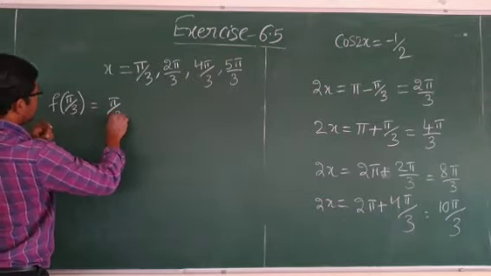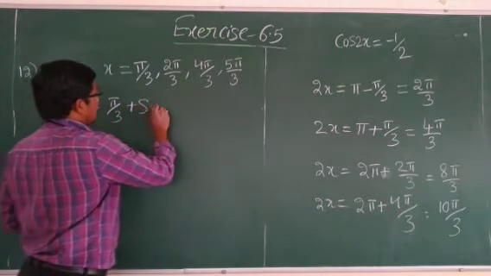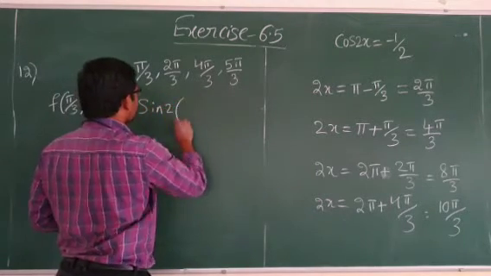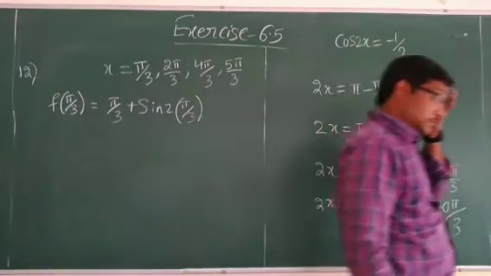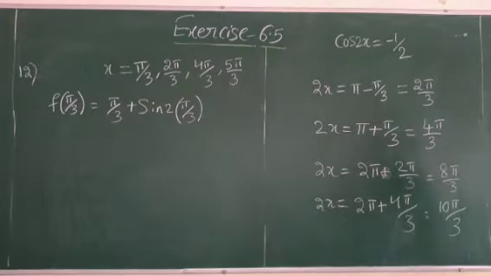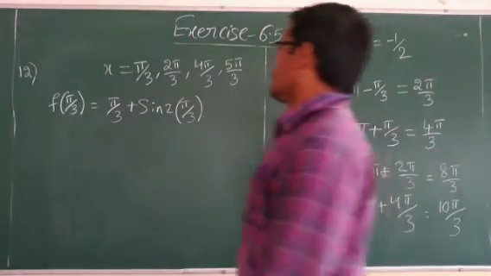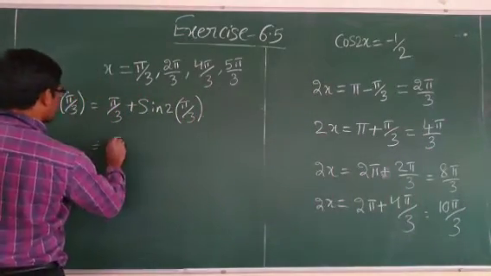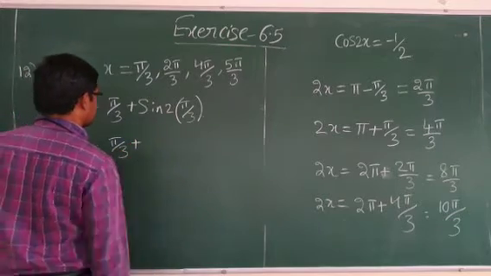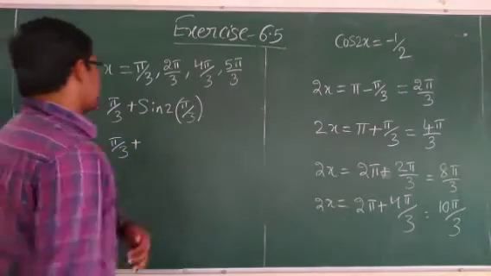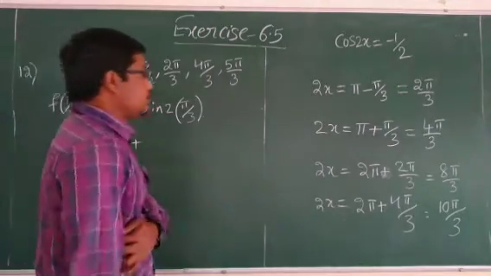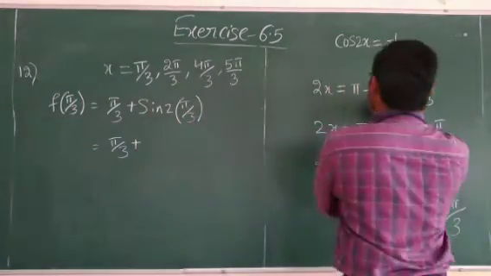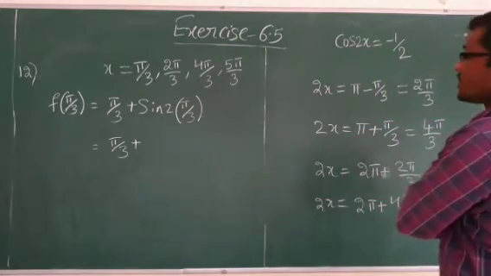So pi by 3 plus we have sine 2x, that is sine 2 pi by 3. So we get pi by 3 plus sine 2 pi by 3. Sine 2 pi by 3 is pi minus pi by 3, which is in second quadrant.